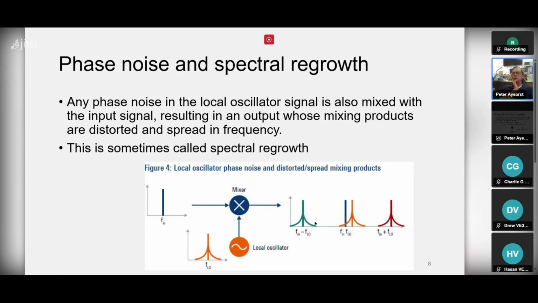This is sometimes called spectral regrowth. You can see in the same scenario the incoming signal looks like that, but your oscillator or LO has some phase noise in it, and then this all mixes in, so your sum and difference frequencies now include the phase noise from the LO.